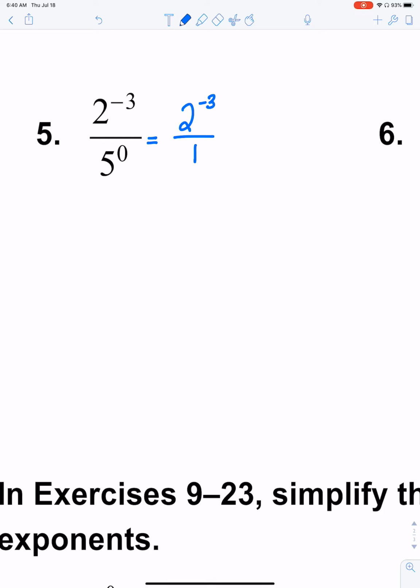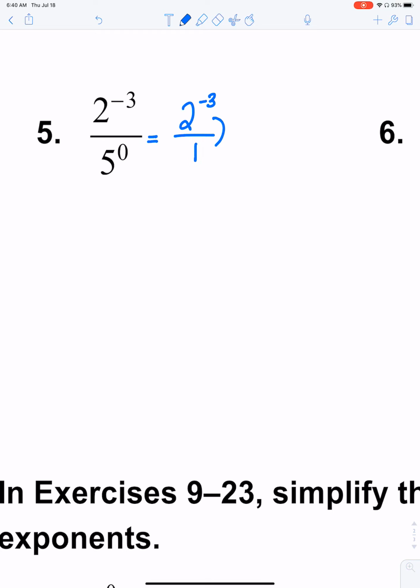You should never, ever, ever leave a negative exponent in your answer. So this negative exponent needs to be brought down to the bottom. So it becomes 1 over 2 to that third power. 2 to the third power I know is 8. So 1 over 8 should be your final answer.